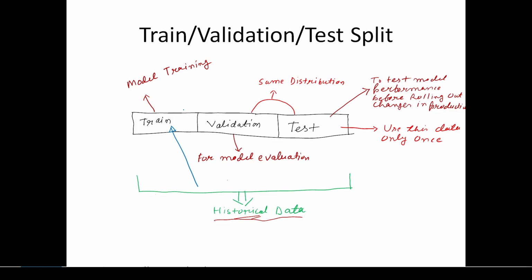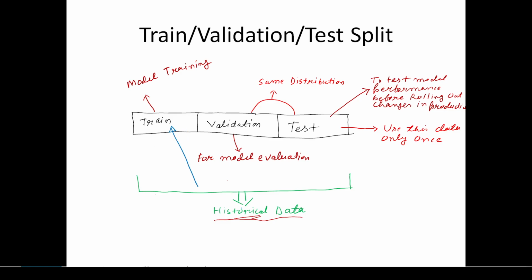Because the real world environment is dynamic, and we need to make sure that whatever model we are delivering in production is able to provide the desired business value. Because if that's not the case, the entire effort which you will spend on building machine learning model will be useless, right?